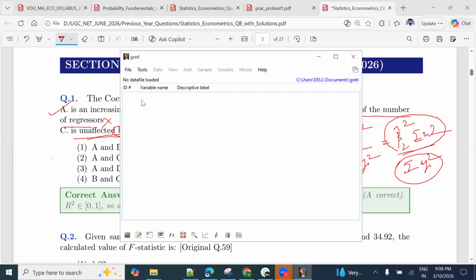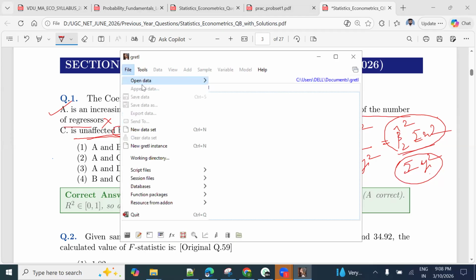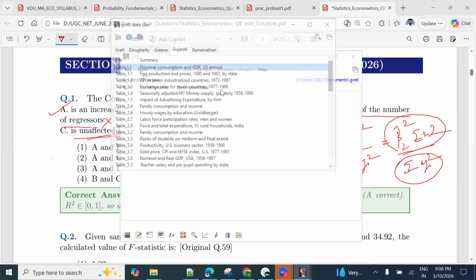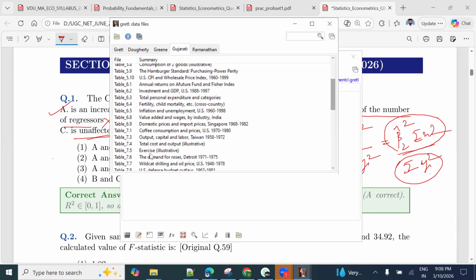First of all, let us try to understand multiple regression. I am just thinking which data I will take. Let's see table 7.3. We'll go to open data, sample file 7.3, output and capital in Taiwan.